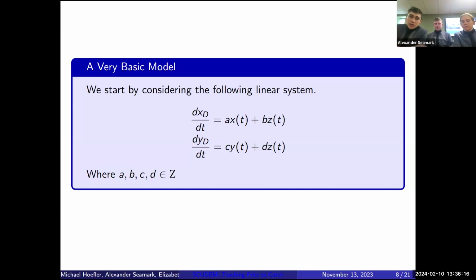So this is a pretty basic model. We're only considering the dog on the plane, and the treat is actually moving in 3D space. And the dog is going to move with respect to time, where xd of t and yd of t is the position of the dog at time t.